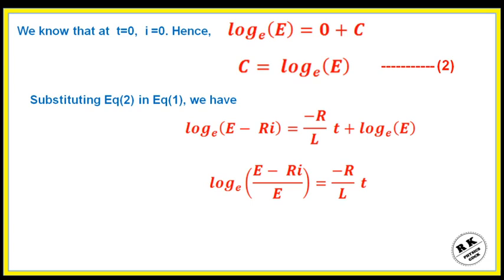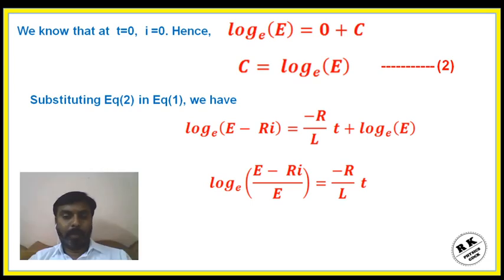In this equation, if we drop the log on the left side, we will get an exponential term on the right side. So the equation becomes E minus Ri by E is equal to exponential of minus R by L times t. Remember this equation.